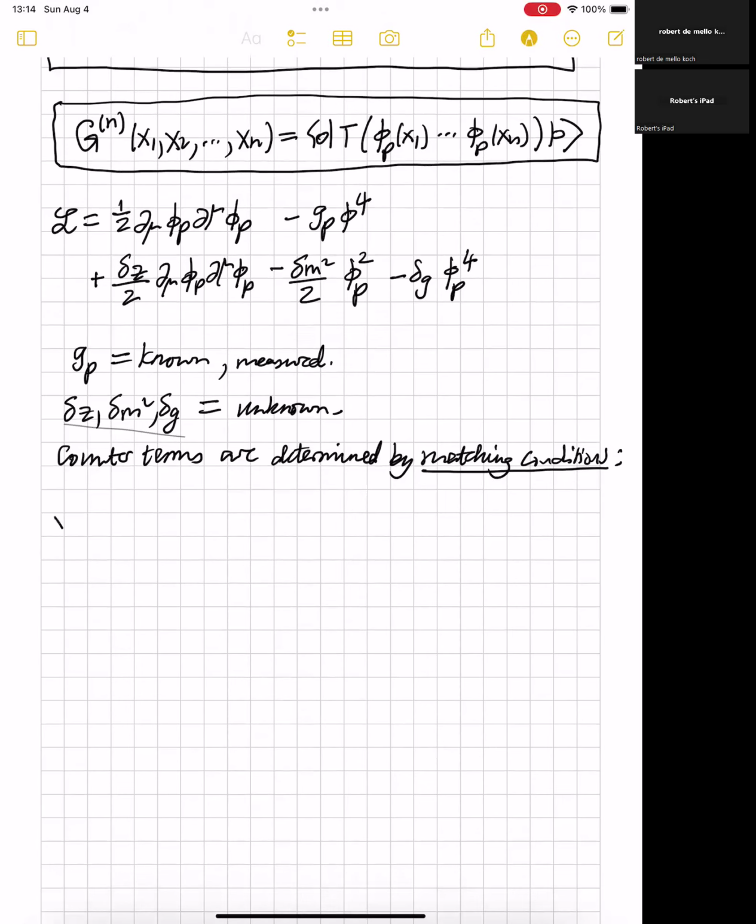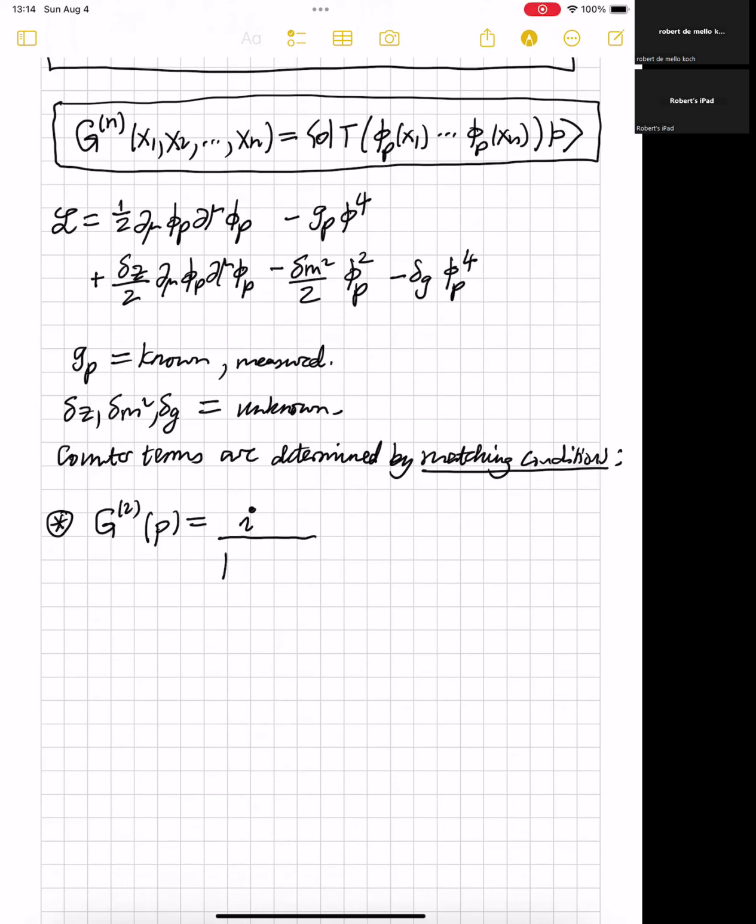So the first matching condition is again phrased in terms of the Fourier transform of the two-point function. We will require that the two-point function as a function of p is equal to i. That's what you would have had before. So the residue is i.